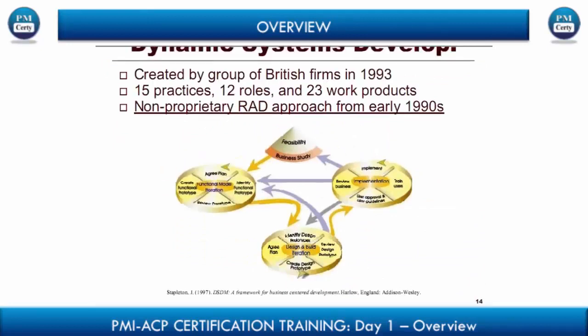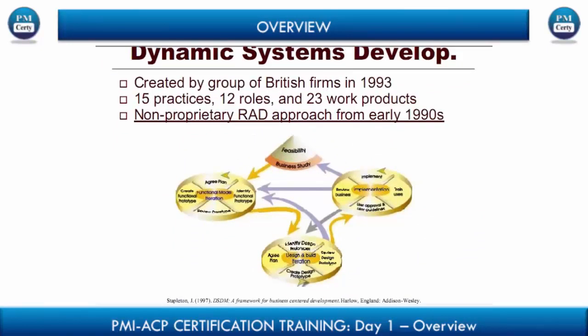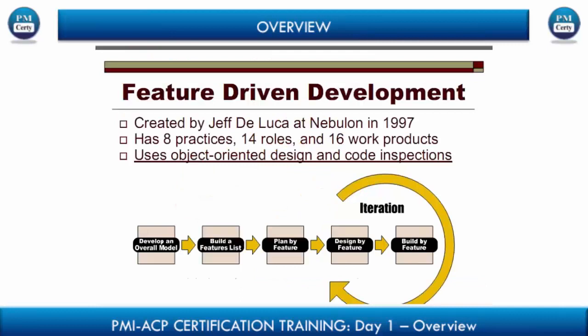DSDM, as I said, came from the UK. It was created way back in 1993. It is nothing but a rapid application and development approach, and goes through some stages like feasibility, and then your agreement on your plan, identifying the design and building it, going through several iterations, and finally going through implementation.